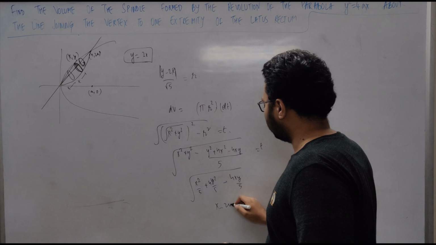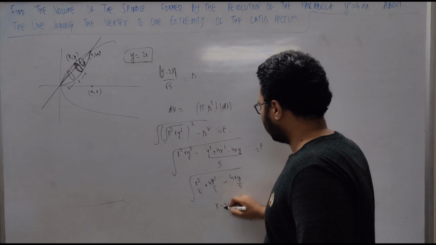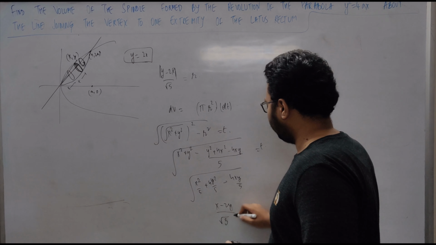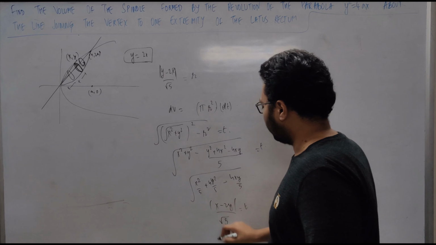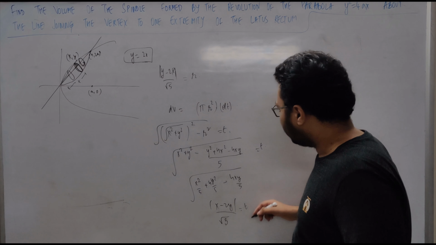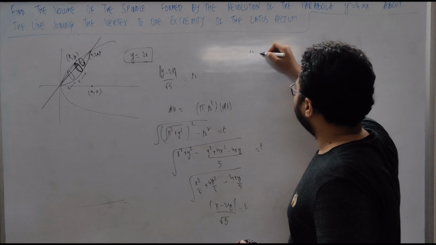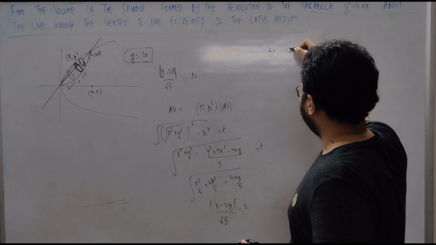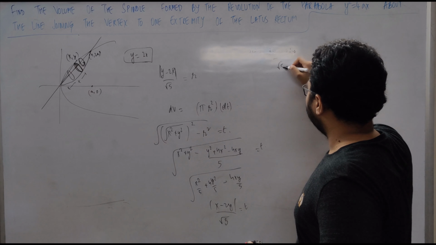So x minus 2y whole upon root 5 is t, the mod of this. Now dt is dx minus 2 dy upon root 5, mod.